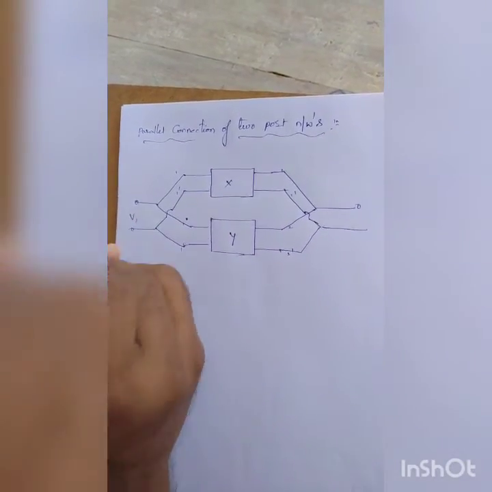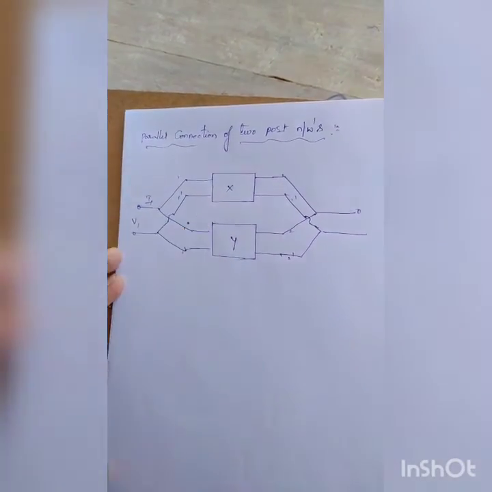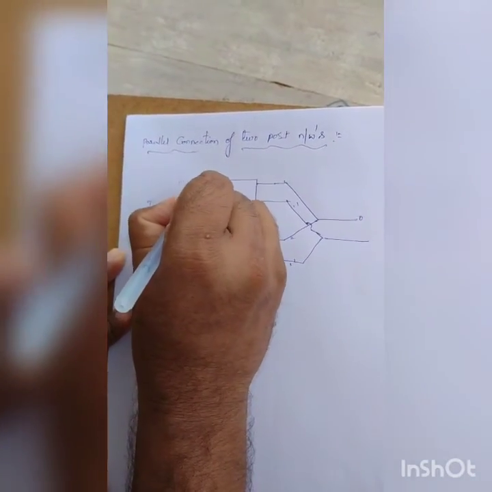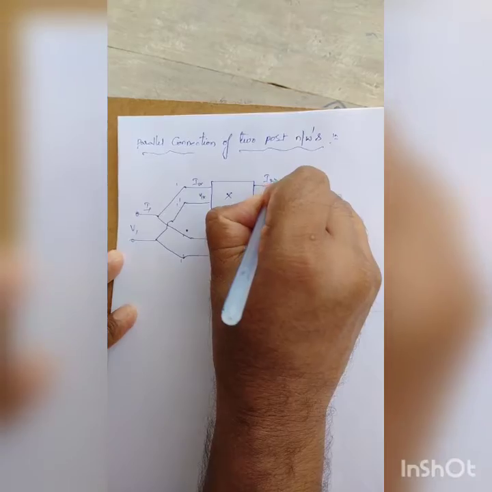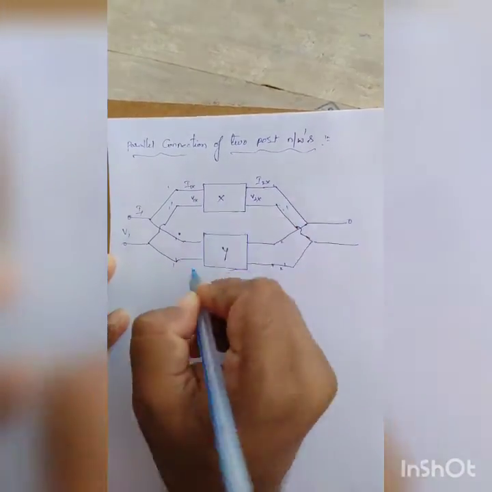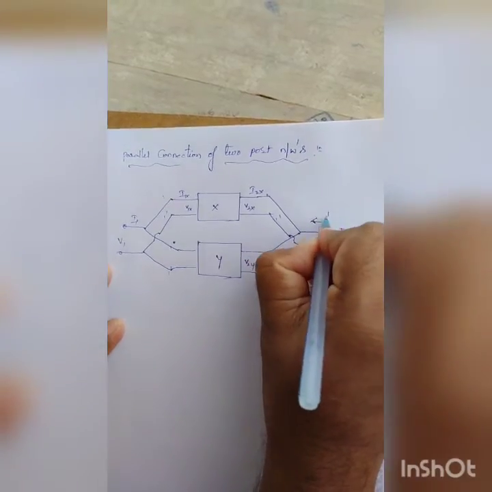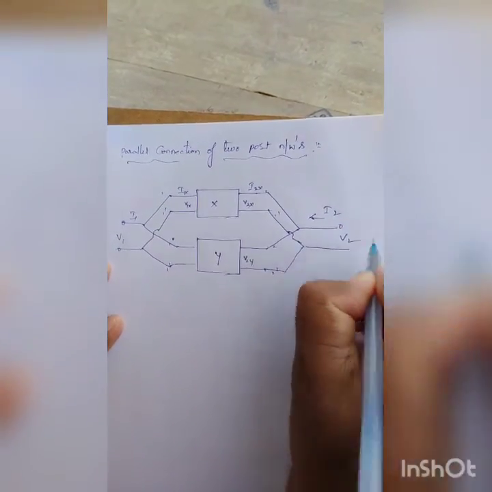This one is V1, current passing I1. Here V1x, I1x, I2x, V2x, V2y, I2, V2.